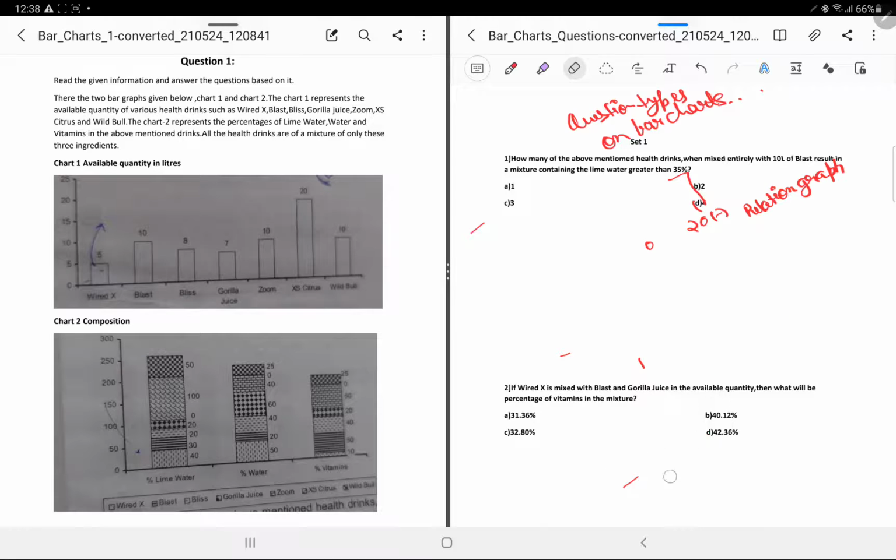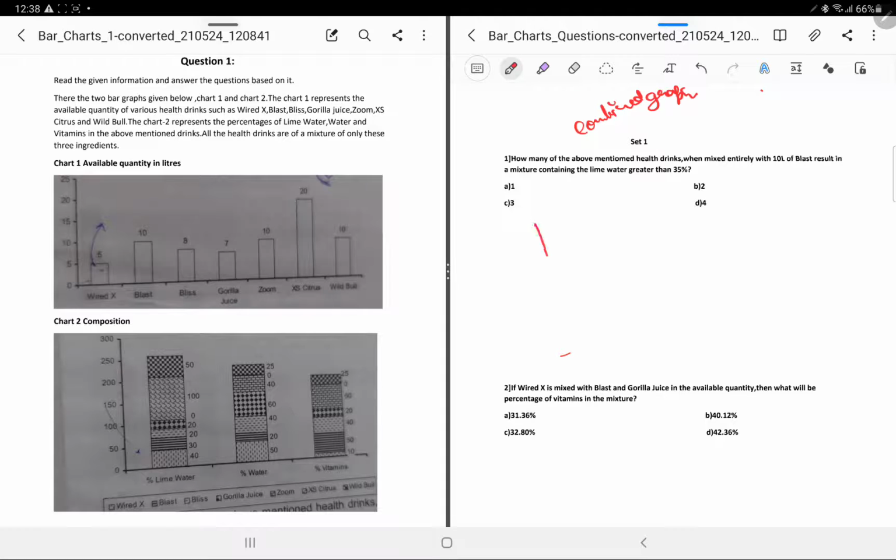The other type of question could be, okay, how to call it? Let's call it combined graphs. See, what is a combined graph?